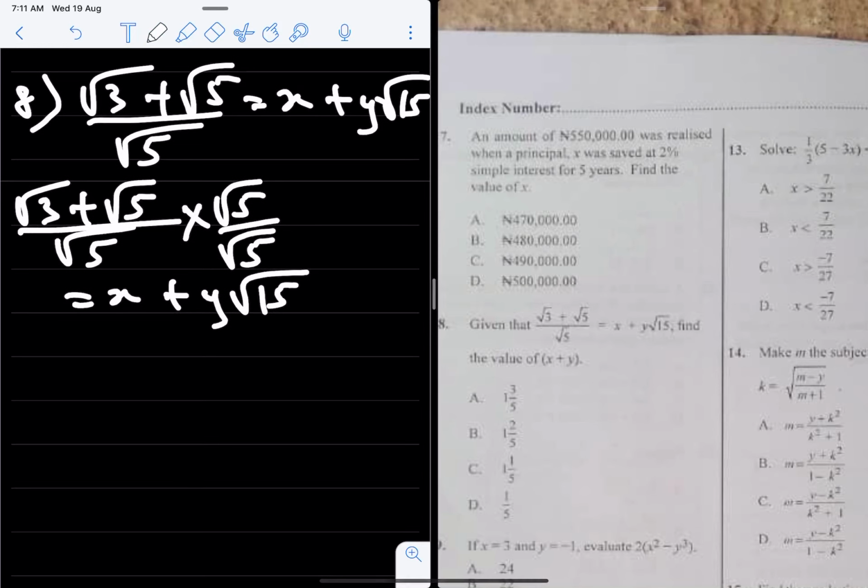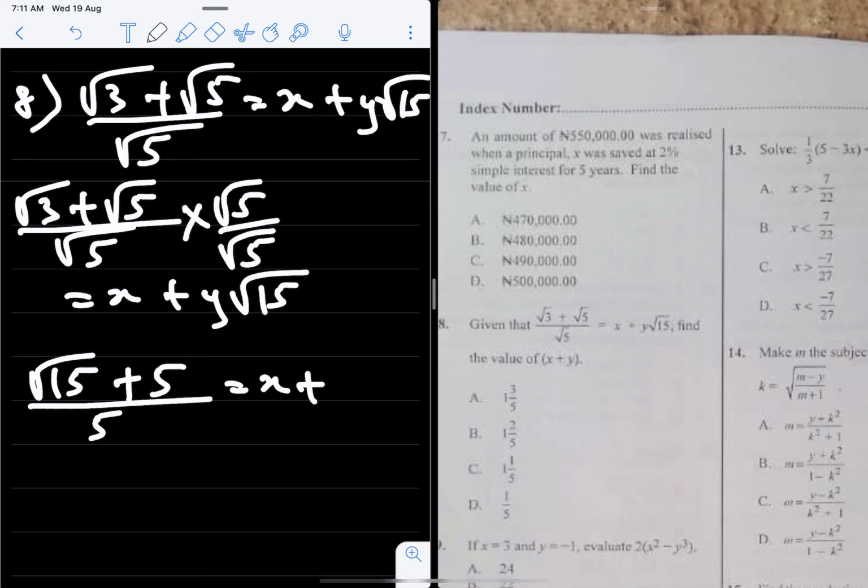And that means root 15 plus root 25 is 5 all over root 5 times root 5 is root 25, which is 5, equals x plus y root 15.